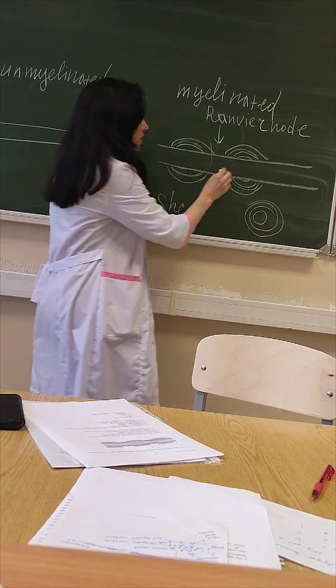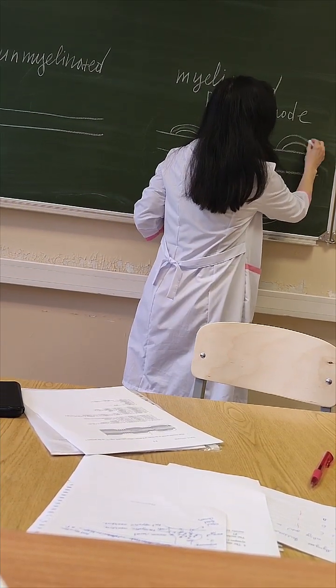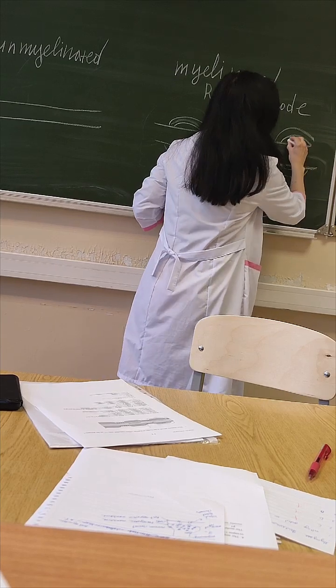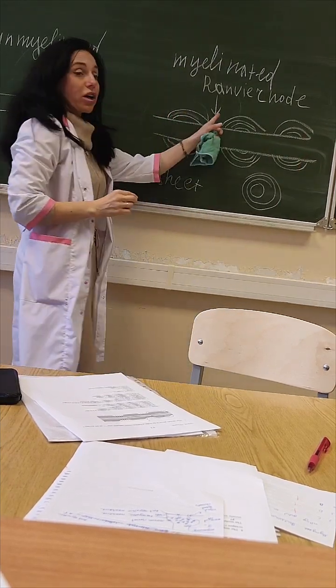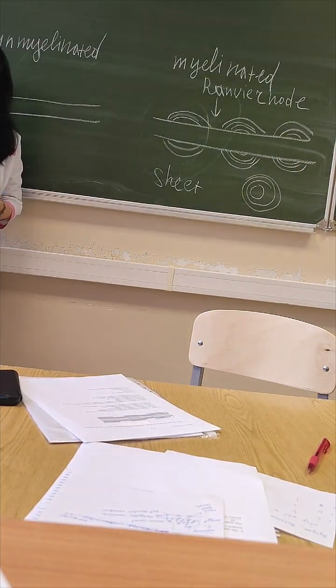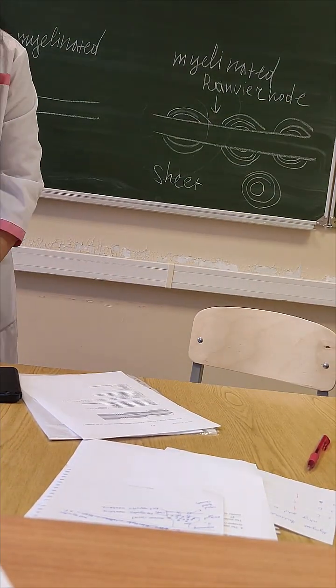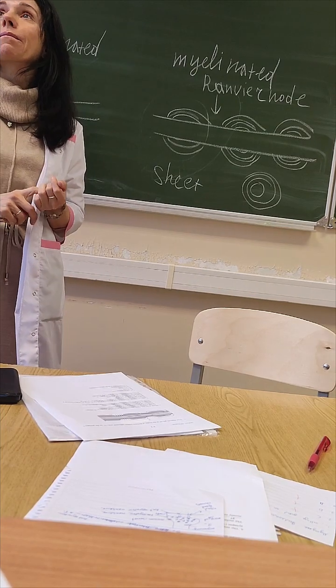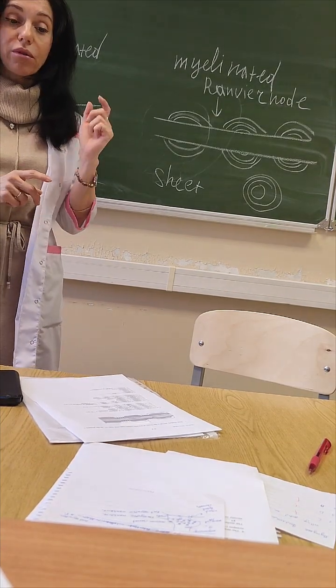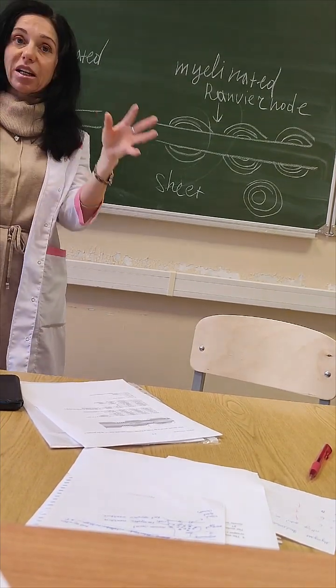What is the difference in propagation of action potential? There are functions of myelin sheath. The first function, trophic function. Second function, protective, mechanical protection.